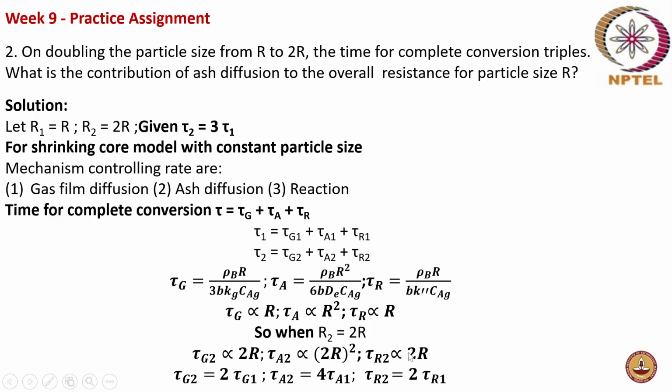That means tau G2 is equal to 2 times tau G1, because it is proportional to R and here it is 2R. It is proportional to R square, so it is proportional to 4R square. Here it is proportional to 2R and proportional to R. So tau G2 is equal to 2 times tau G1, tau A2 is equal to 4 times tau A1, and tau R2 is equal to 2 times tau R1.